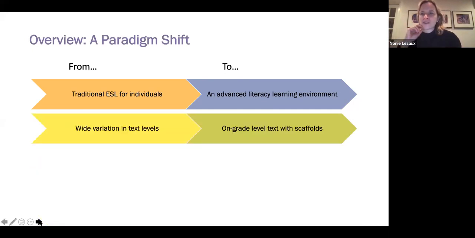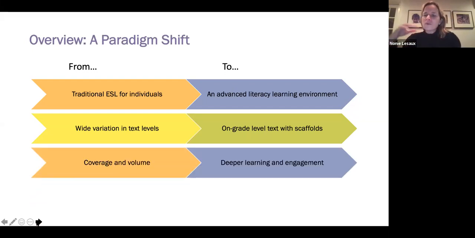Second, I would say we're moving from wide variation in text levels that we put in front of the learner to on grade level text with scaffolds, right? And opportunities to bridge into and scaffold into that text.